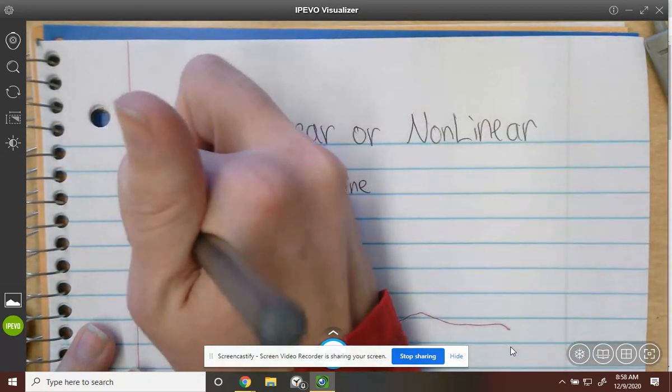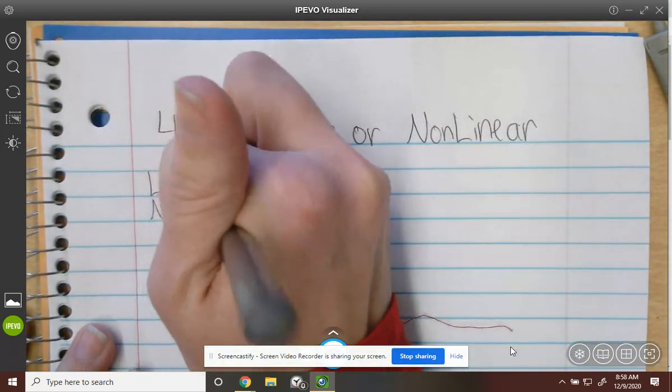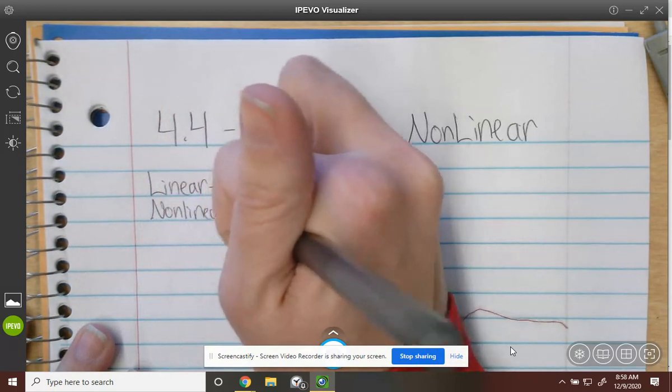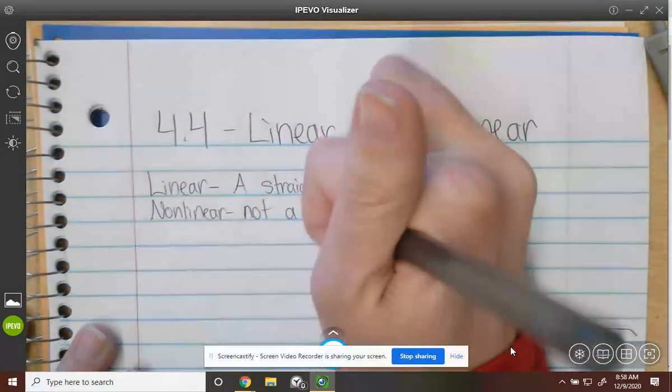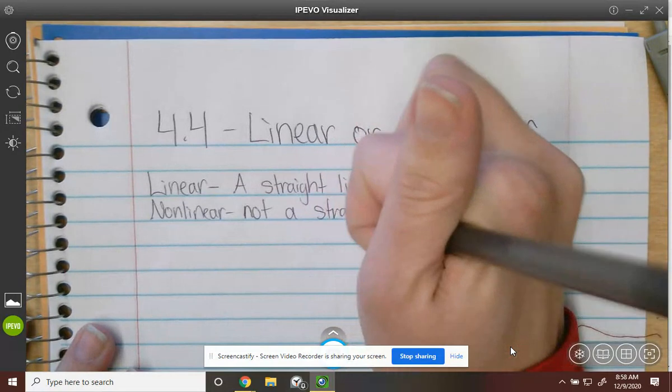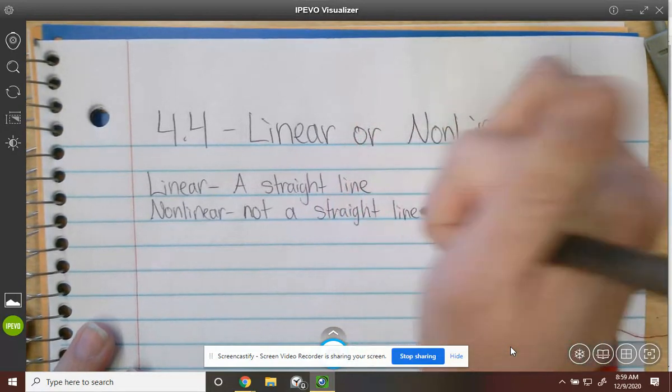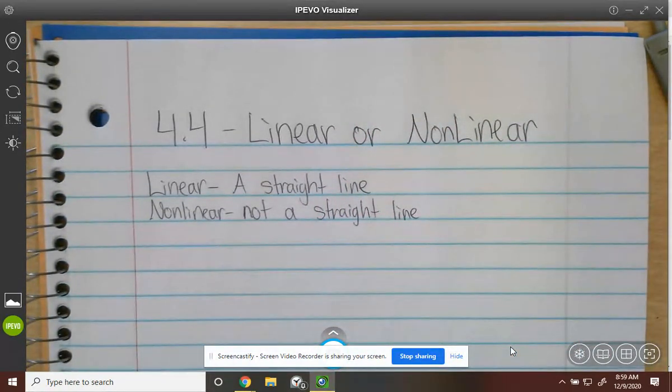We know it's nonlinear if it's not a straight line. A lot of the times it'll have curves in it, or it'll be like a V shape or something, just where it's not a perfect straight line.